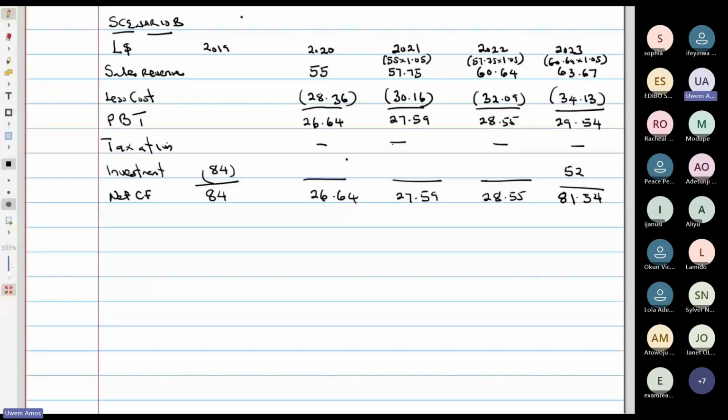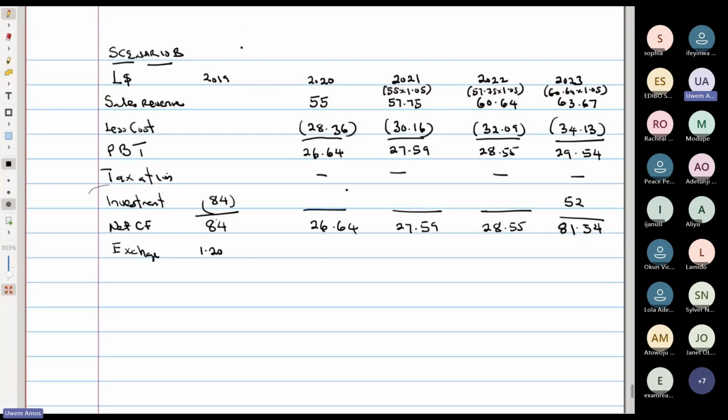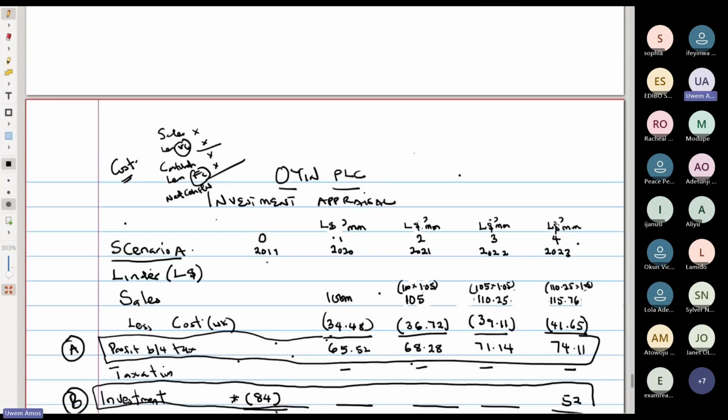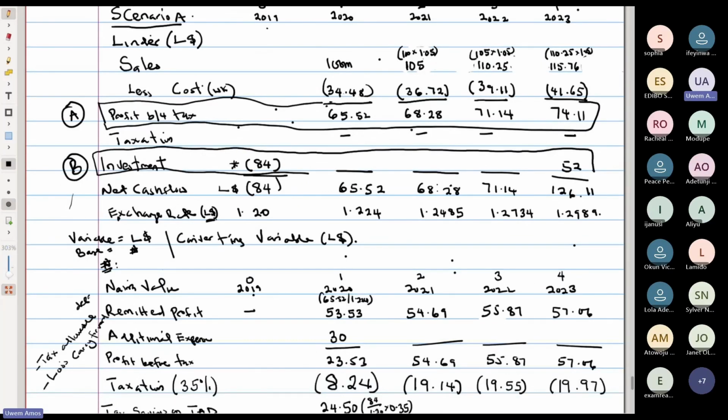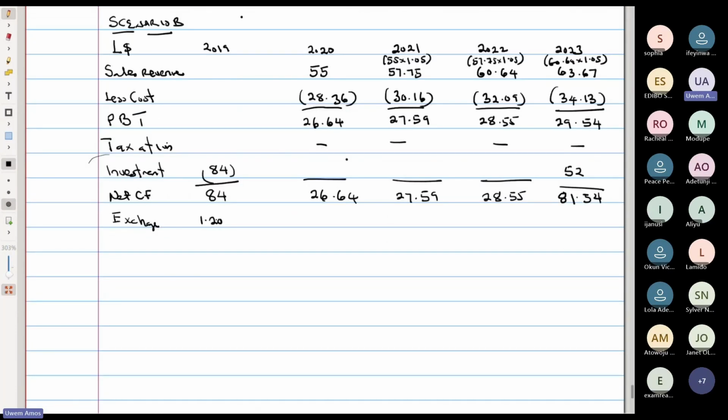We're just putting down our exchange rate just like we had in scenario A. So we bring in our exchange rate, 1.20 for 2019. The year after that, 1.224. I'm just copying the exchange rate from up down. Nothing changes.